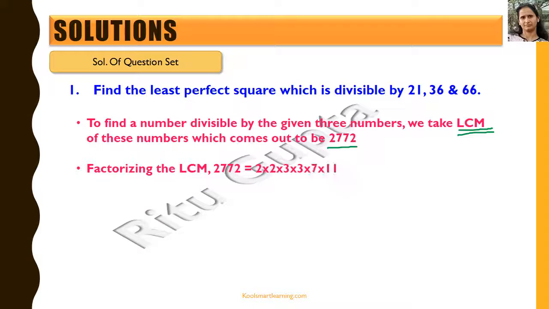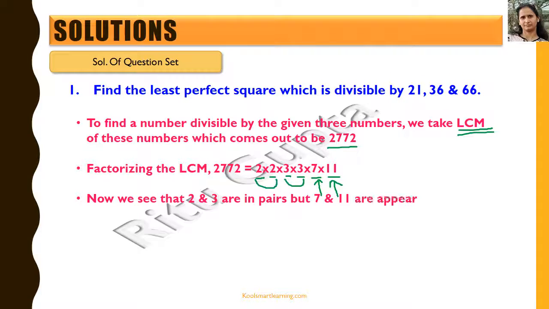Now we'll factorize this LCM, which is 2772, and we get it as a product of prime factors: 2 multiplied by 2 multiplied by 3 multiplied by 3 multiplied by 7 multiplied by 11. Now this clearly is not a perfect square because we can pair these, but we don't have the pairing of 7 and 11.